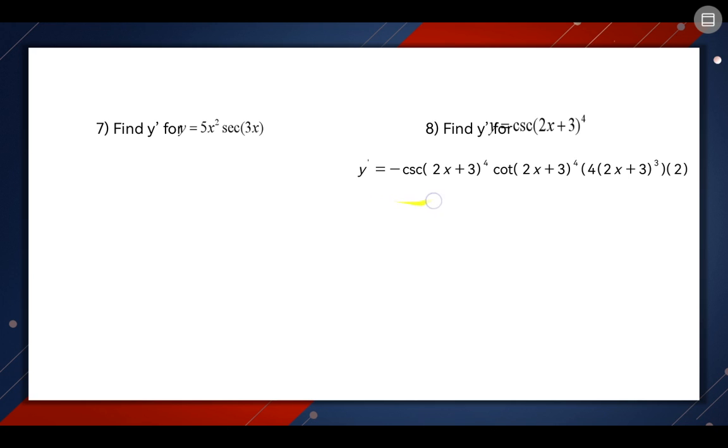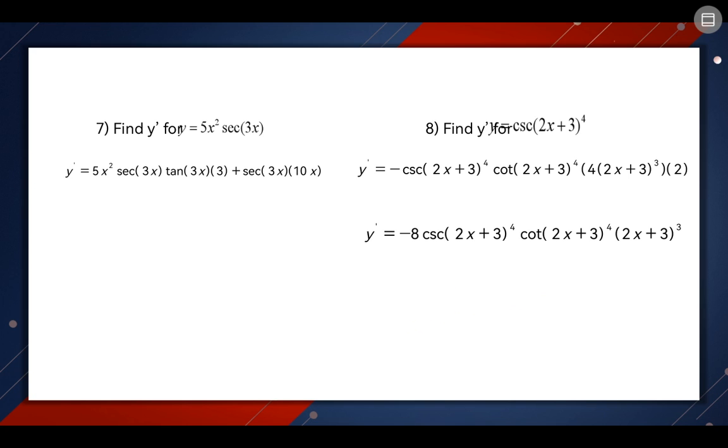The 8th question is to calculate the secant to the power 4 of (2x plus 3). We find the result is negative 8 secant to the power 4 of (2x plus 3), then multiply by the cotangent to the power 4 of (2x plus 3), and finally add 2x to the power of 3 plus 3. We can also see the 7th question needs the chain rule, as I show in the PowerPoint.